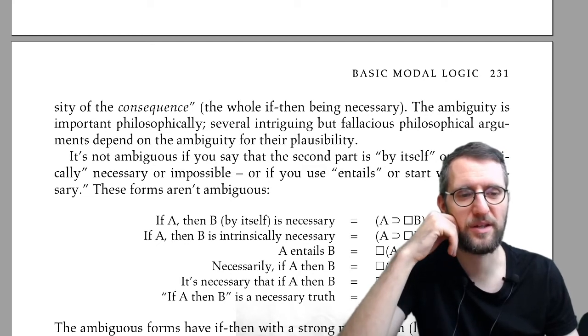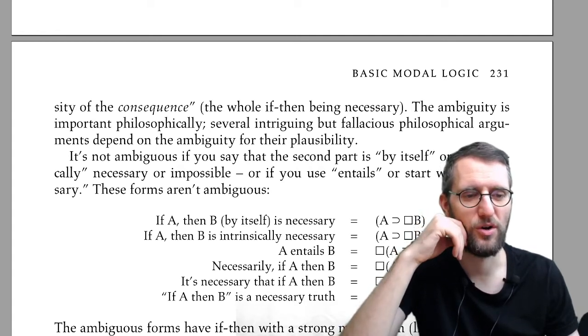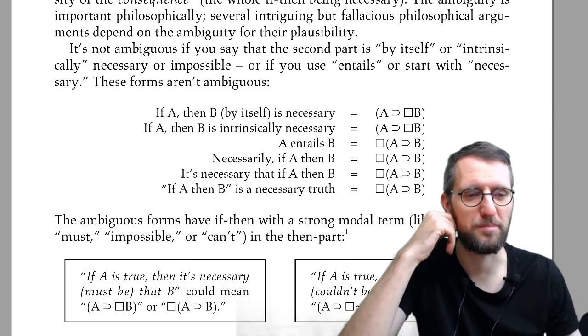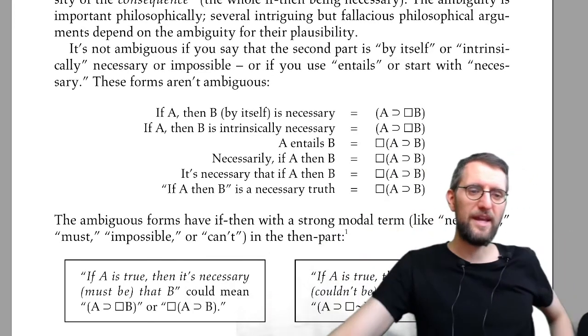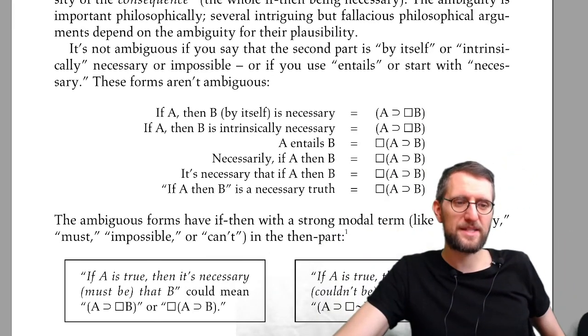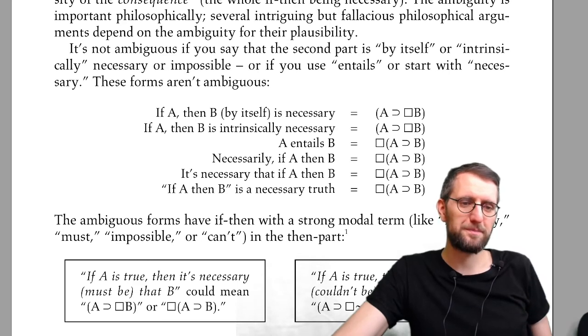It's not ambiguous if you say that the second part is by itself or intrinsically necessary or impossible, or if you use entails or start with necessary. These forms aren't ambiguous. If A, then B by itself is necessary.